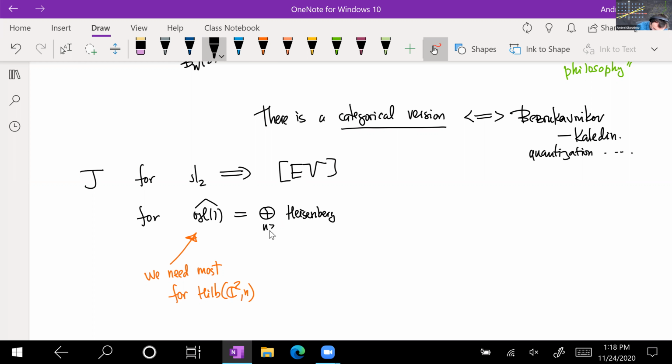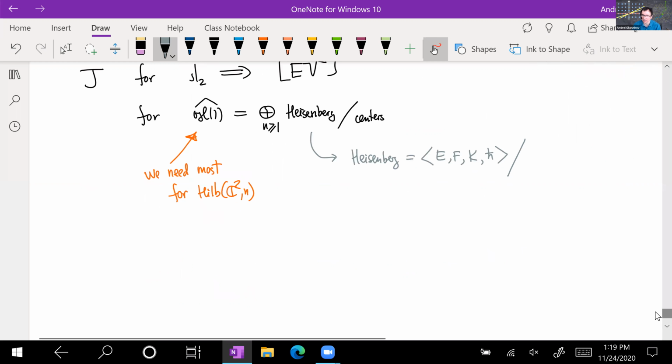So there are countably many Heisenberg subalgebras, with some modules of centers identified, and so it's enough to write it for Heisenberg. For Heisenberg, you have an algebra generated by E, F, K, and maybe H bar, and the commutation relations follow from the following representation.